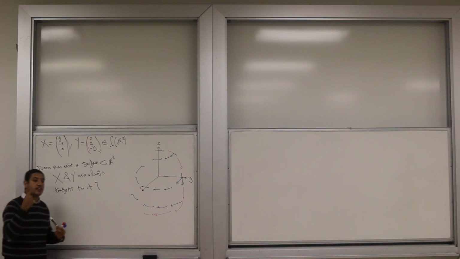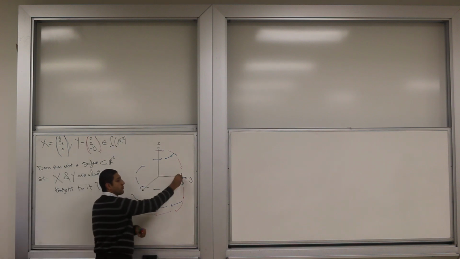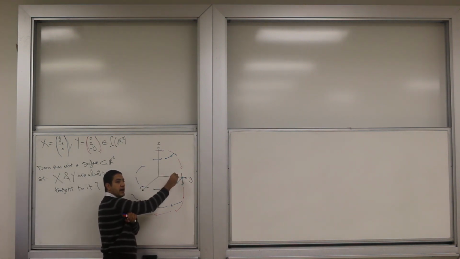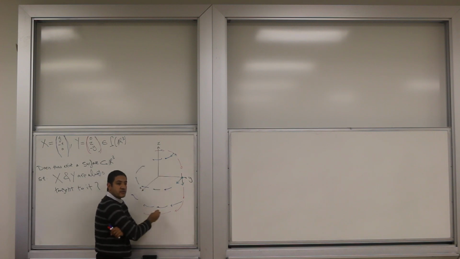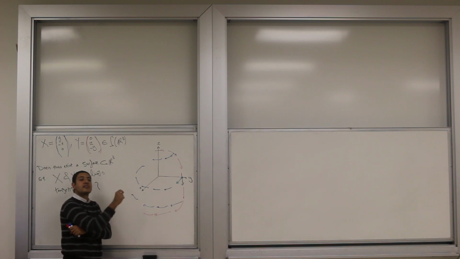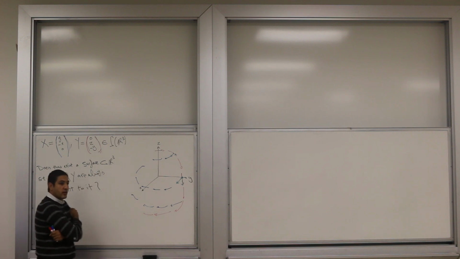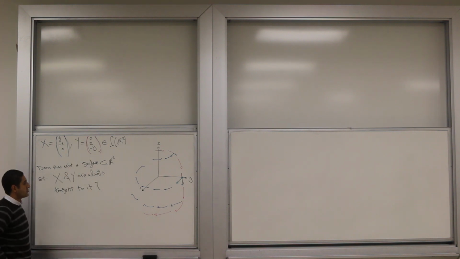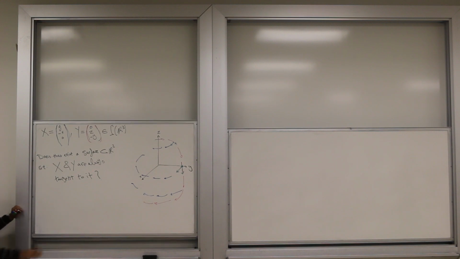If such a surface exists, then if I start from here, I will just move along that surface and I will never leave it, because these velocities are always tangent to that surface, which is embedded in the larger space. Okay, so let's try to do it mathematically.